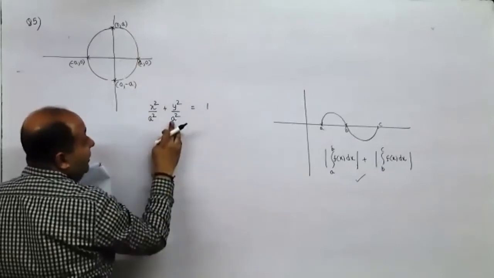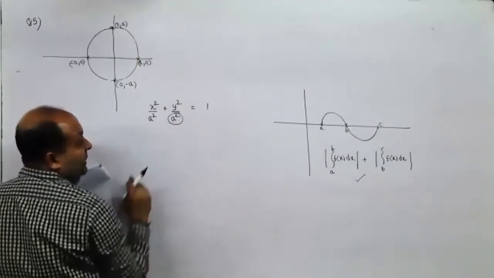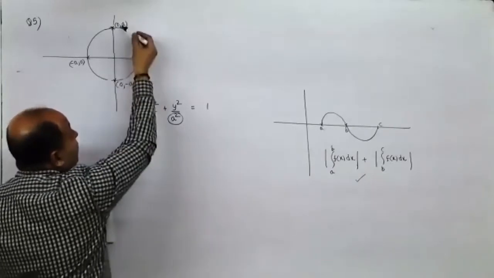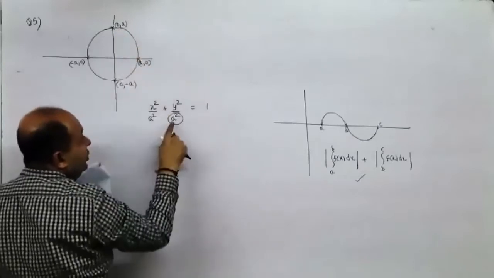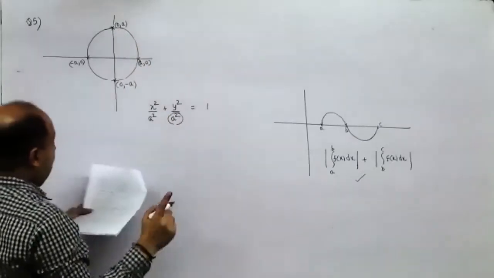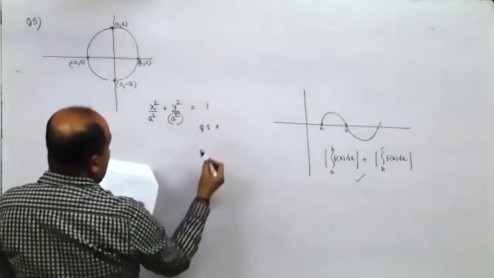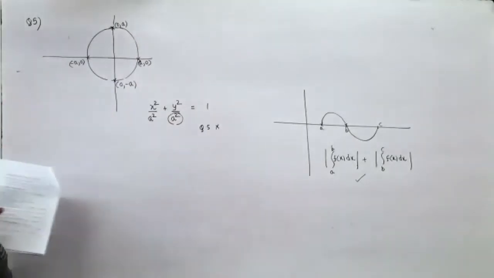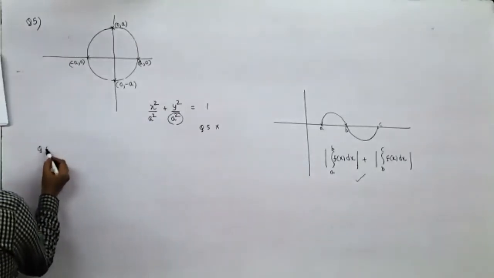It won't be b square. If this had been b and minus b, I would have written b square here. This is a and minus a, so this would also be a square. So this is wrong. The fifth question is wrong. It is not b, it is a. Has everyone followed this?